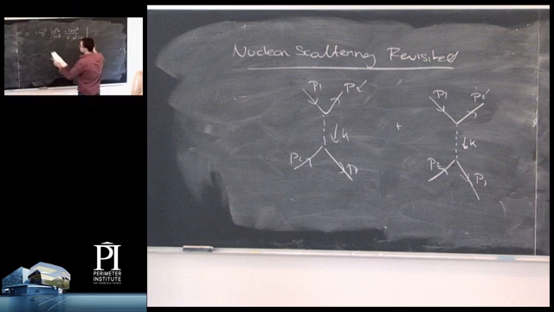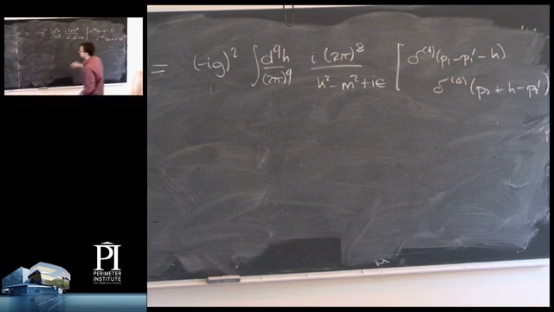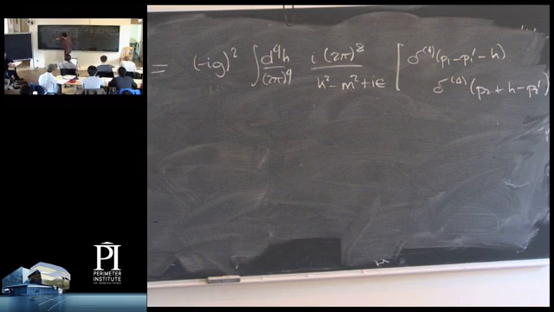And then there's 2 delta functions coming from the 2 vertices: P1 minus P1 prime, P2 plus K minus P2 prime. So this is the sum of momenta going into this vertex is 0, the sum of momenta going into this vertex is 0. That's these 2.